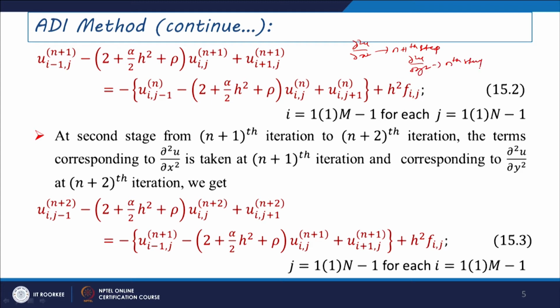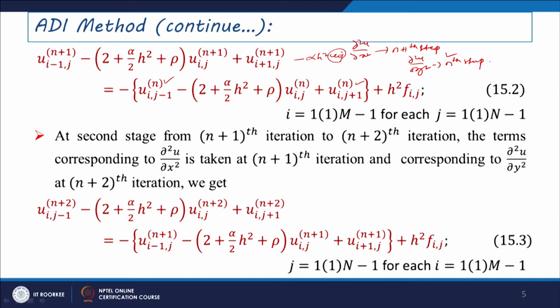This nth step calculation contains all the terms involving the y discretization. So u i minus 1 j minus 2 u i j plus u i plus 1 j at n plus 1, plus we have written minus alpha h square u i j, minus alpha h square u i j.